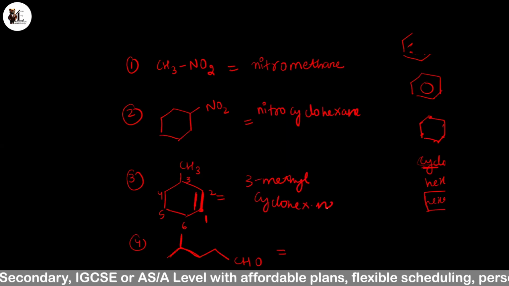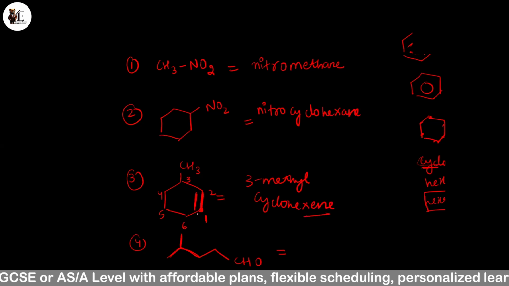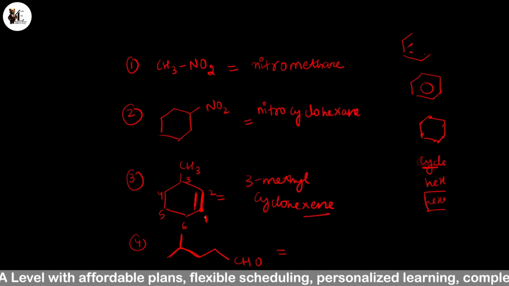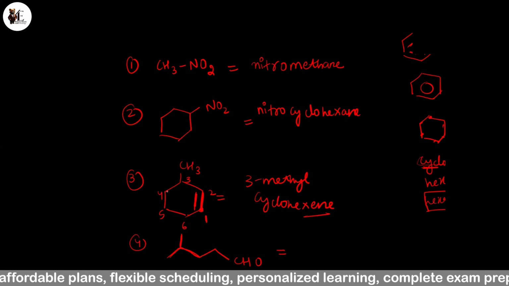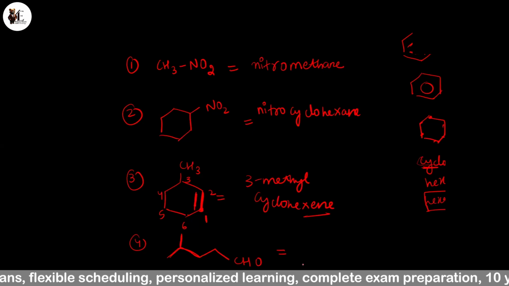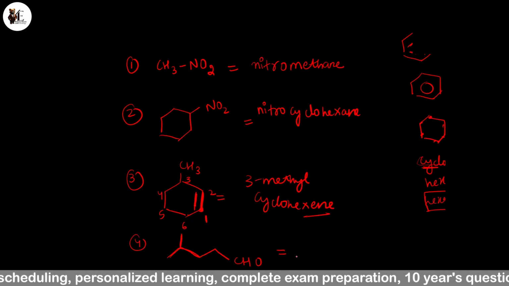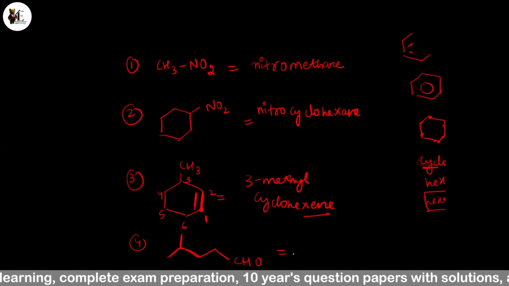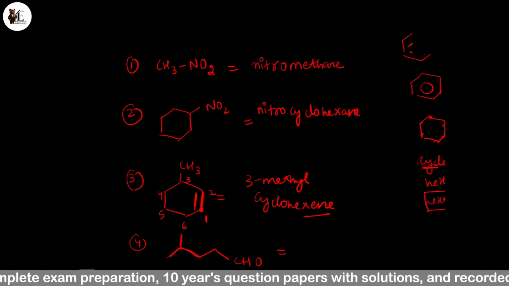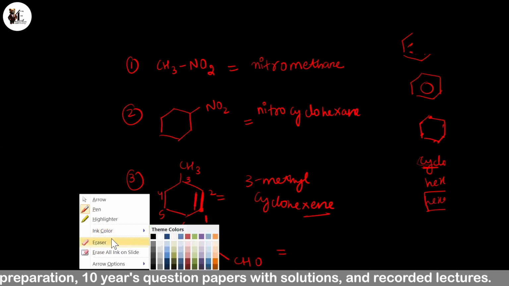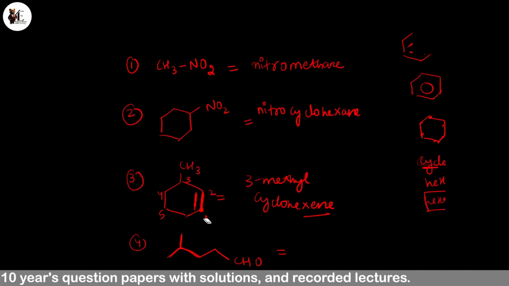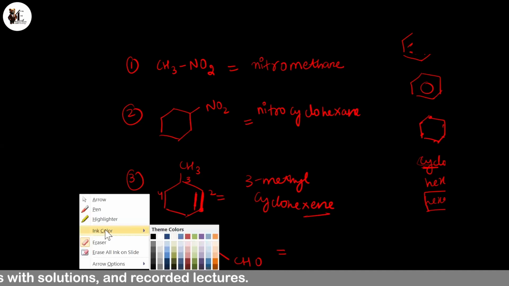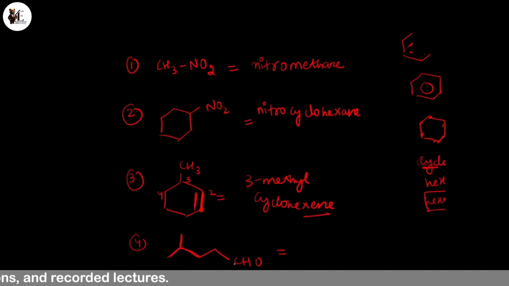So from this example, you have to remember that counting will always start from where the double bond is nearest, from the double bond. So it is 1, 2, and 3, 4, 5, 6. So it is 3-methyl cyclohexene. And what is the name of this fourth compound? Counting will start from the functional group.